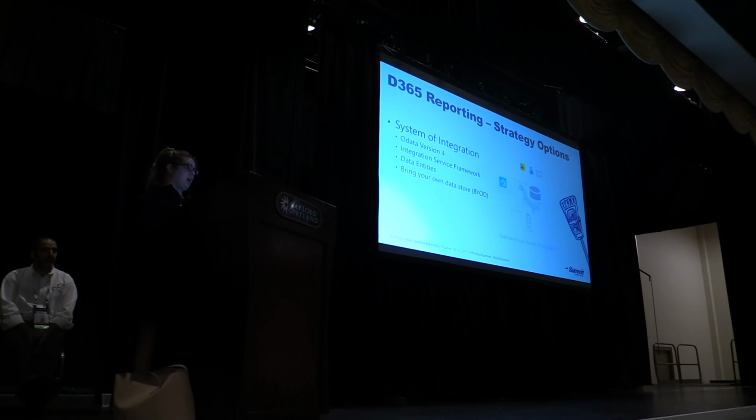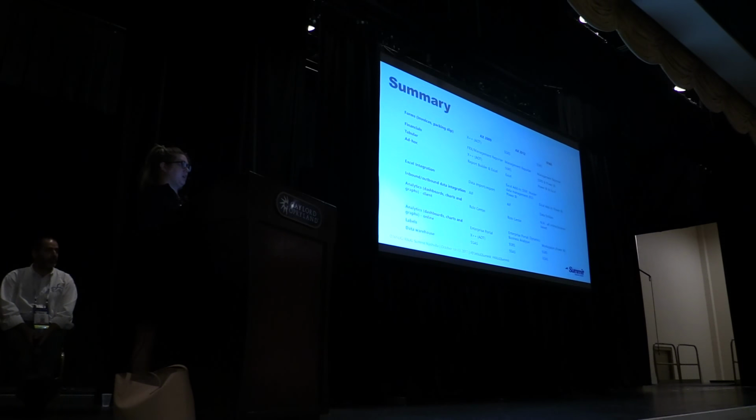So what we've gone ahead and done, and we've loaded this presentation up for all of you to access as well, is a summary sheet for you. Within the summary sheet, we've outlined the 3 different AX options, so 2009, 2012, and D365.